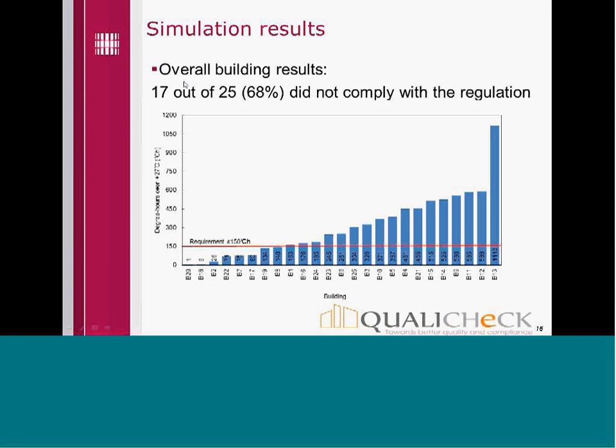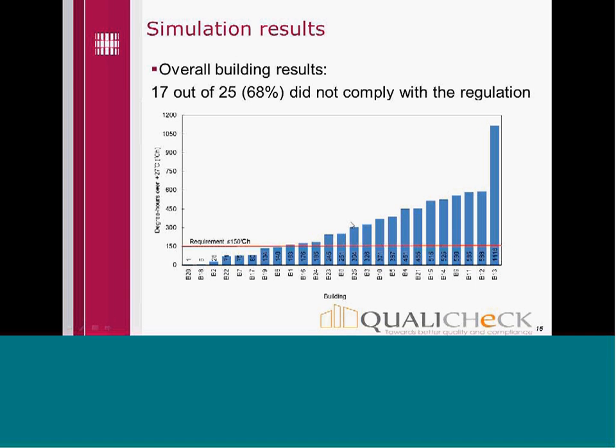So compliance was not good, and you can see that a couple of buildings were quite close, and after that the deviation is quite high.